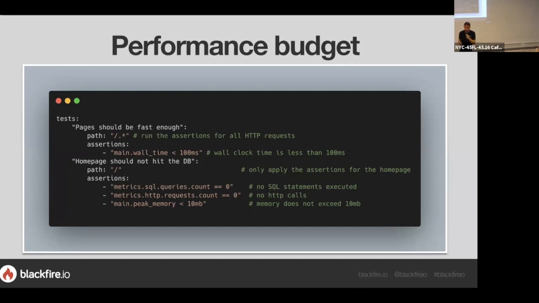Because if you don't have any performance management in your daily process, then you will start by profiling production because you basically don't know what happens. But if you start by having performance management integrated, then profiling production will be maybe the last resort, actually.